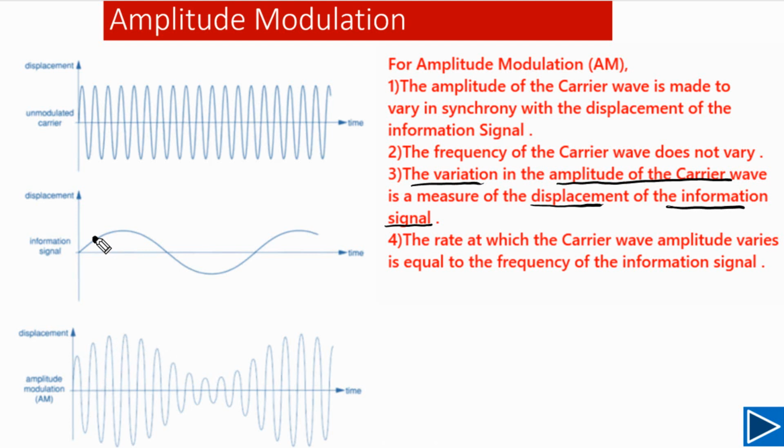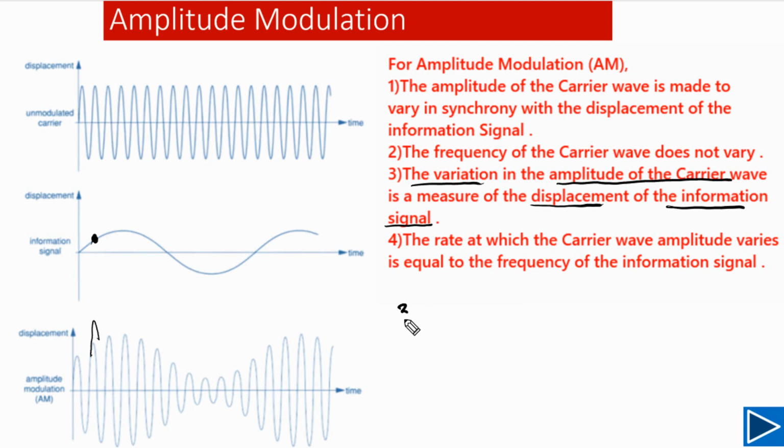If this displacement is bigger, the change will be bigger, meaning the amplitude of this one will be bigger. If the displacement of the information signal is small, the change in the amplitude of the carrier wave will be small, and we will also see a small change in the amplitude of the modulated wave.